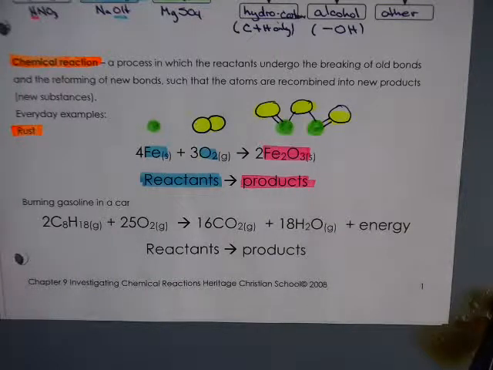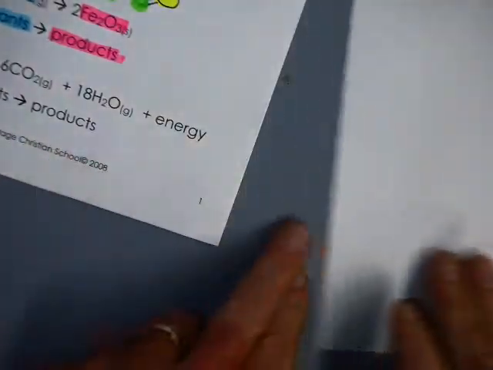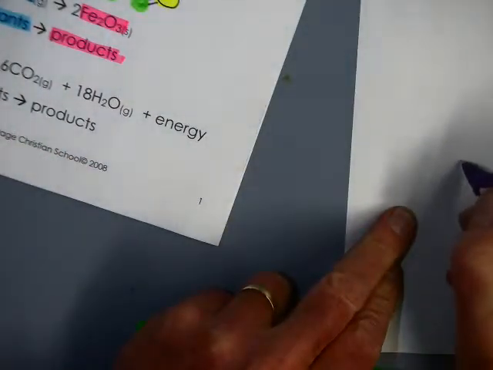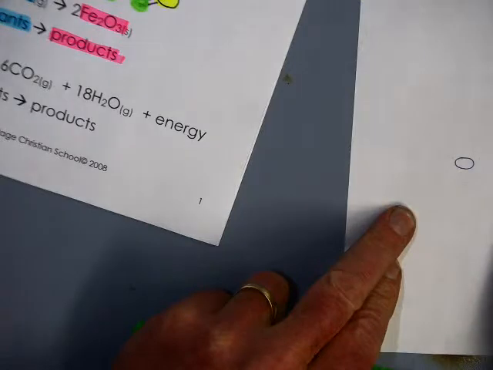So if you've got 3 oxygens and 2 irons, what is the most symmetric way possible? Okay, the most symmetric way possible would be you would have oxygens like this, and you'd have irons between them.